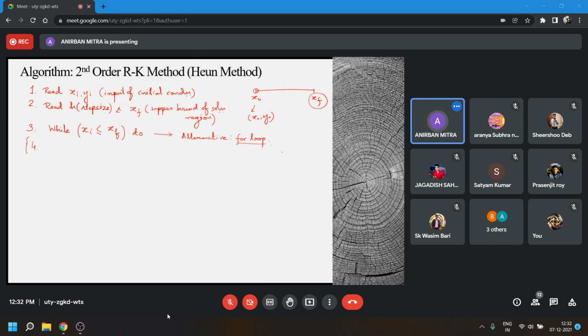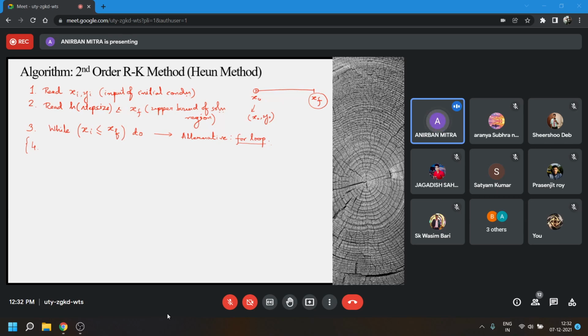That can also be calculated. It's not a problem because you already know what x0 and xf are, and you know the step size. So from these input parameters, you can calculate how many times this for loop is going to run. So this can pretty well be an alternative.